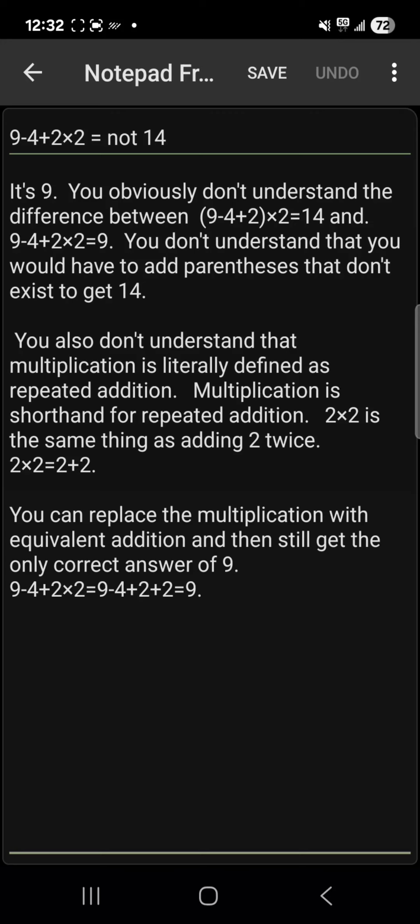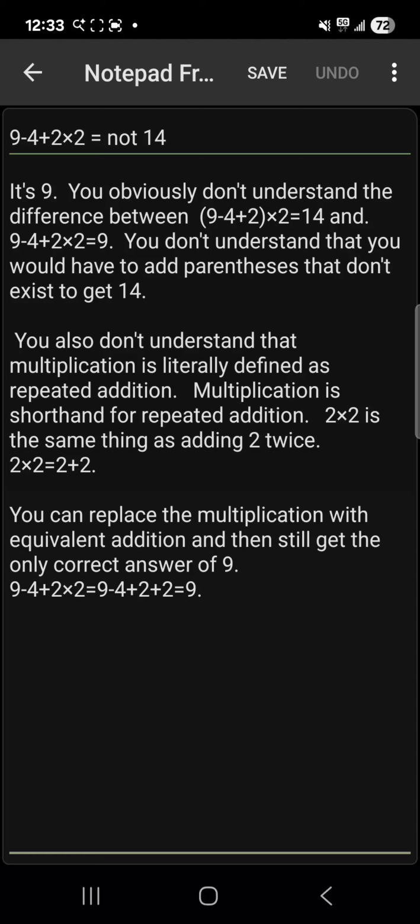If you're getting 14, you obviously don't understand the difference between 9 minus 4 plus 2 inside of parentheses, and then multiplying that by 2 and getting 14. And you don't understand the difference between that and 9 minus 4 plus 2 times 2 equals 9. You don't understand that you need to have parentheses that don't exist in this problem in order to get 14.